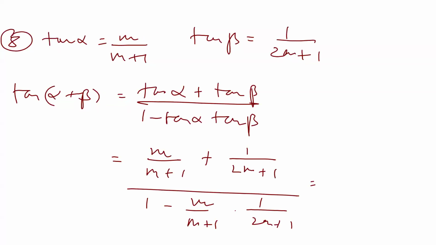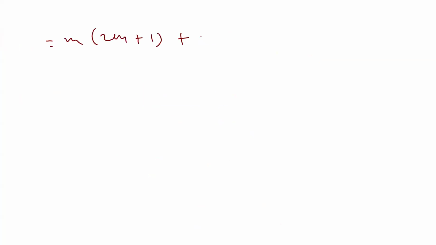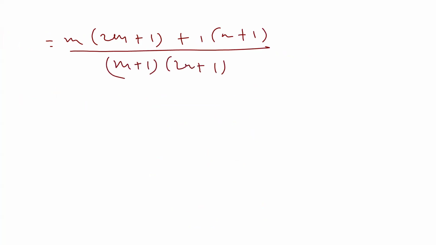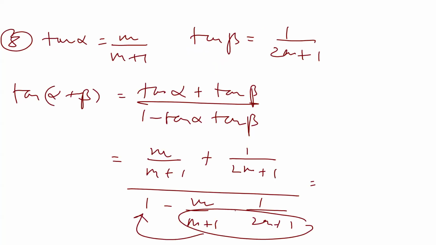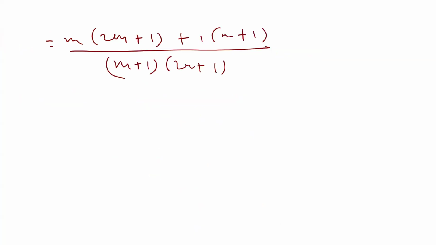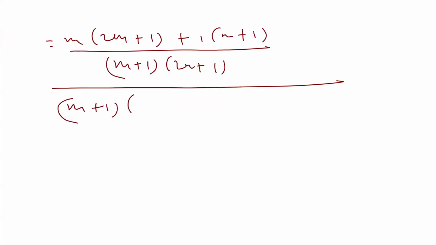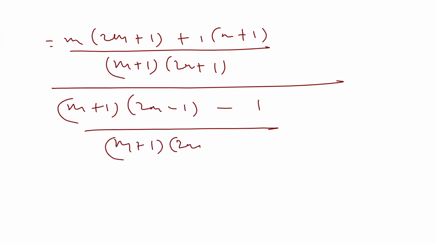So m into 2m plus 1 plus 1 into m plus 1, upon m plus 1 into 2m plus 1, and these two terms will go over here, m plus 1 into 2m plus 1, minus 1 upon m plus 1 into 2m plus 1.